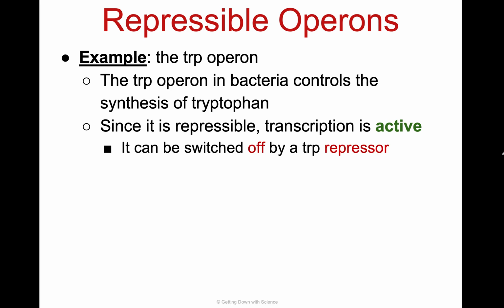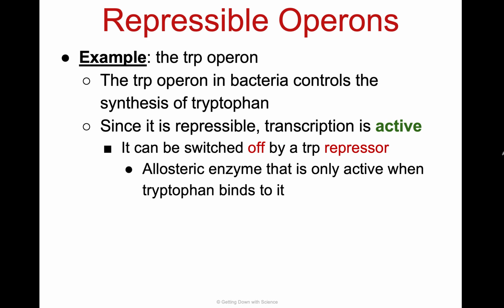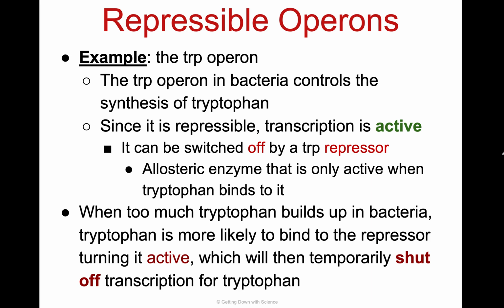So transcription's active, but it can be switched off by a trp repressor. Remember, we want to shut it off. It's an allosteric enzyme that's only active when tryptophan binds to it. So when there's too much tryptophan built up in bacteria, the tryptophan will bind to the repressor, turning it active, which then shuts off transcription for tryptophan.